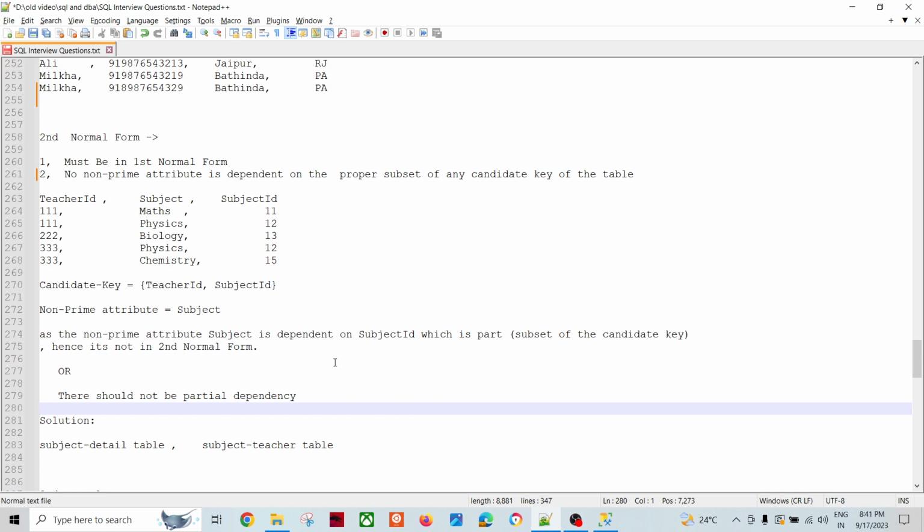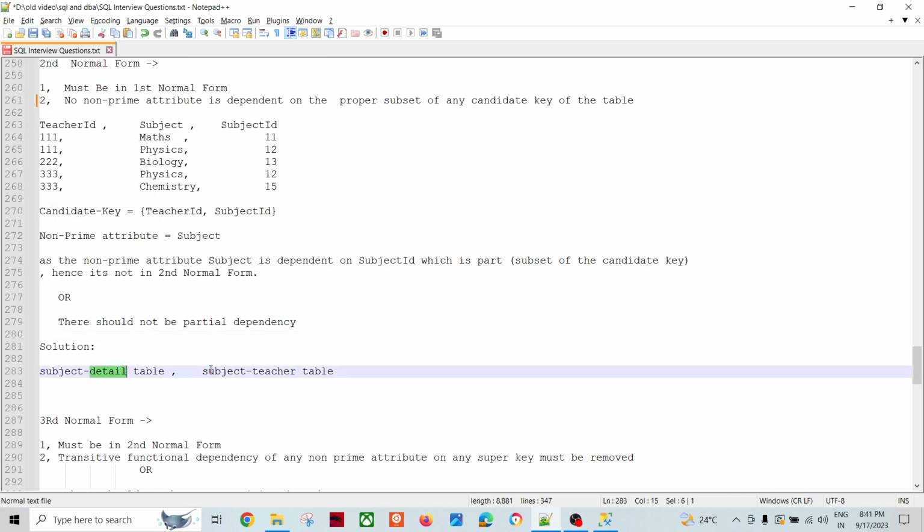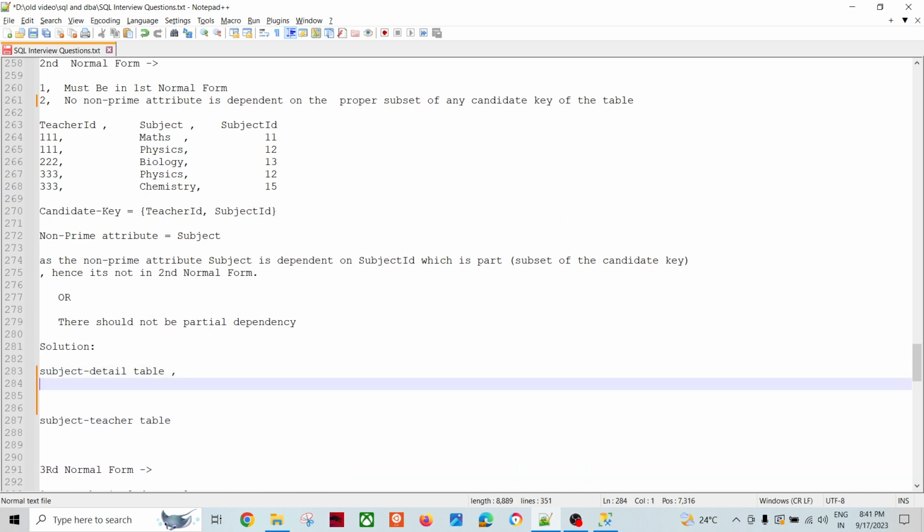So what we can do is we can create two tables: subject detail table and the subject teacher table. If I create the subject detail table, what will it have? It will have subject ID and the subject name.